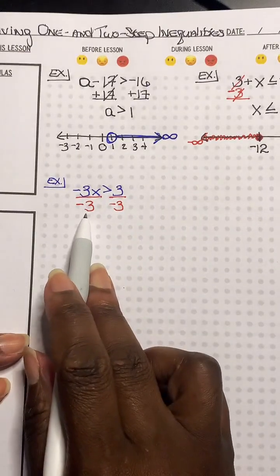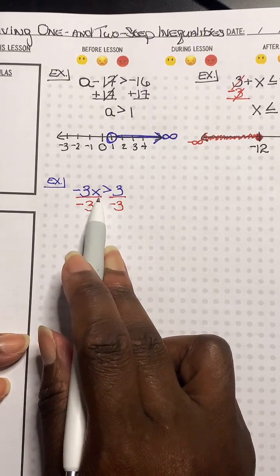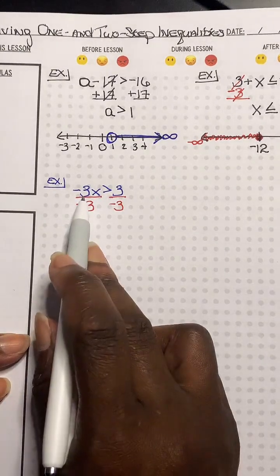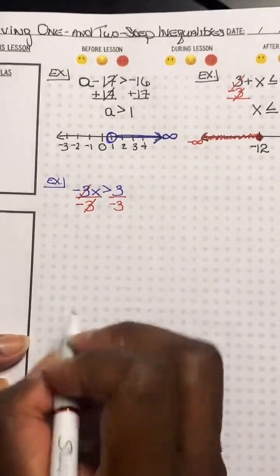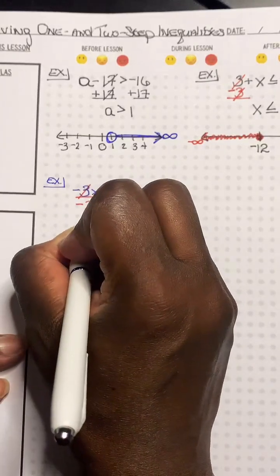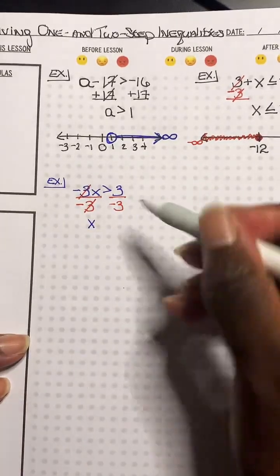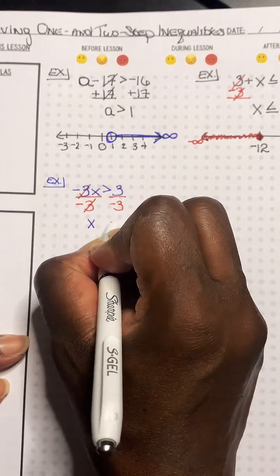Okay? The reason why I'm using this -3 is because I want to get x by itself. So -3 divided by -3, that will give me a +1. But I don't need the 1 because I still have the x to bring down. Now, 3 divided by -3, this side gives me a -1.